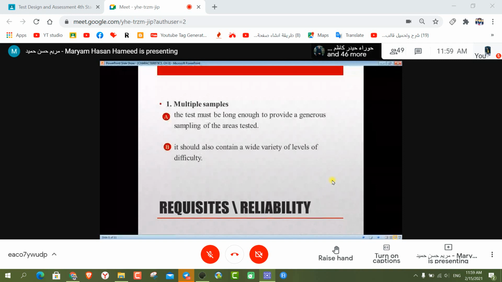Objective tests tend to be more reliable than free response tasks like composition, where individual judgments must be made. Yes, thank you. So the first one, which is multiple samples.